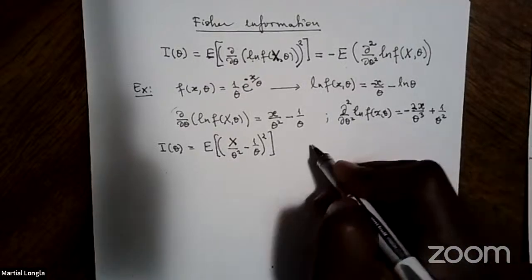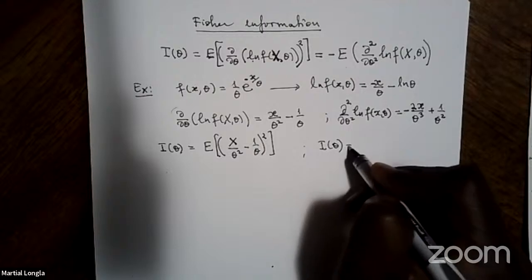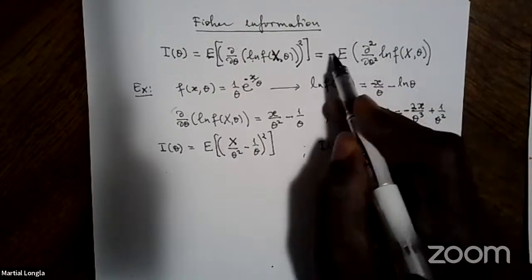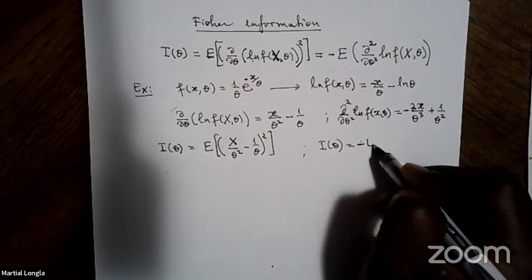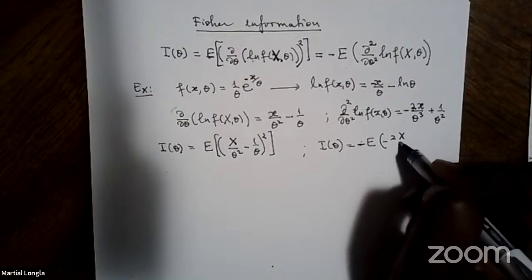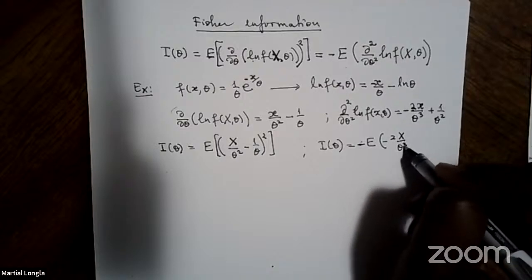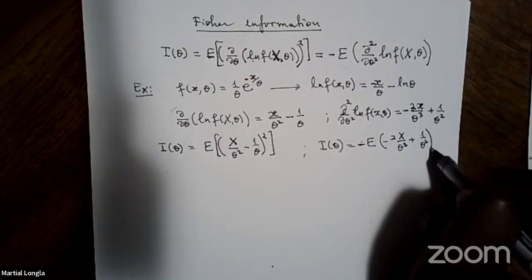And so here I would be computing I of theta as expected value and minus. So that will be minus expected value of minus 2x over theta cubed plus 1 over theta squared.